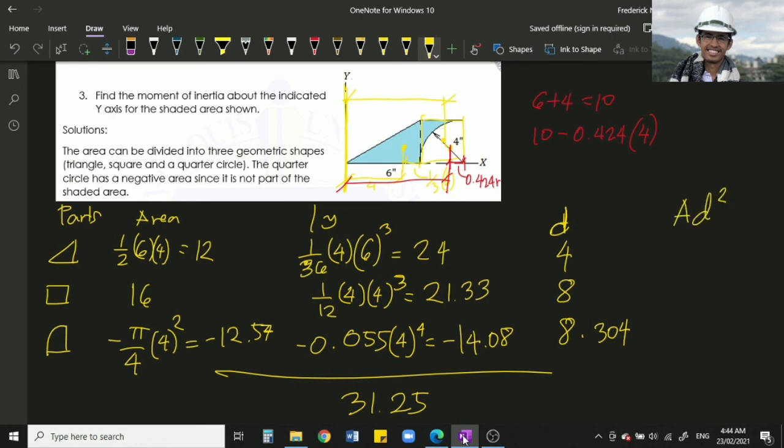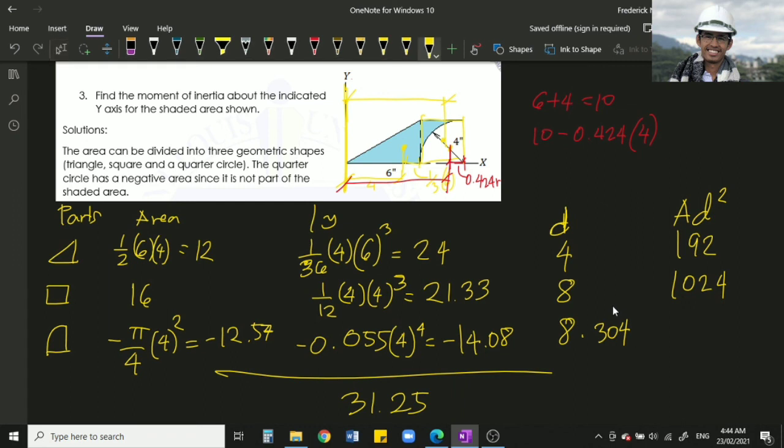Okay. So kunin naman natin yung Ad squared niya. So Ad squared. So multiply lang natin area times yung d squared. So 12 times 4 times 4. So that will be 192. And then 16 times 8 times 8. So that will be 1024. And this will be negative 12.57 times 8.304.